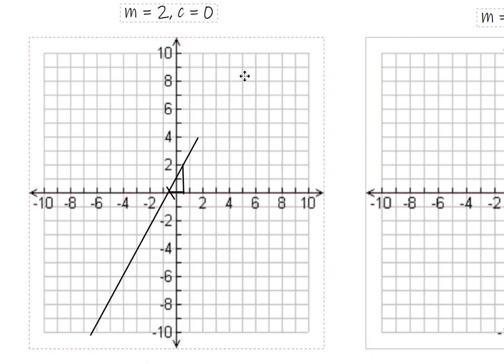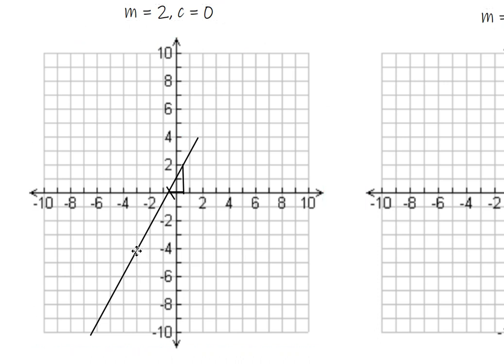How can you make sure it's correct? Well, continue doing it, just going right by 1 and going up by 2. I mean, this line isn't very accurate, but you still can do it.